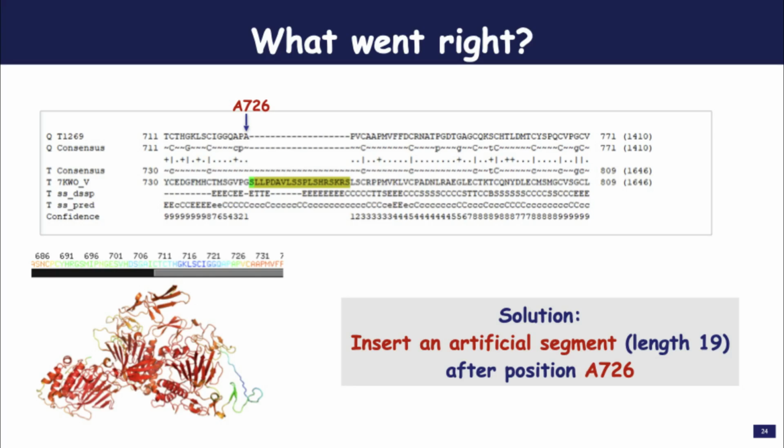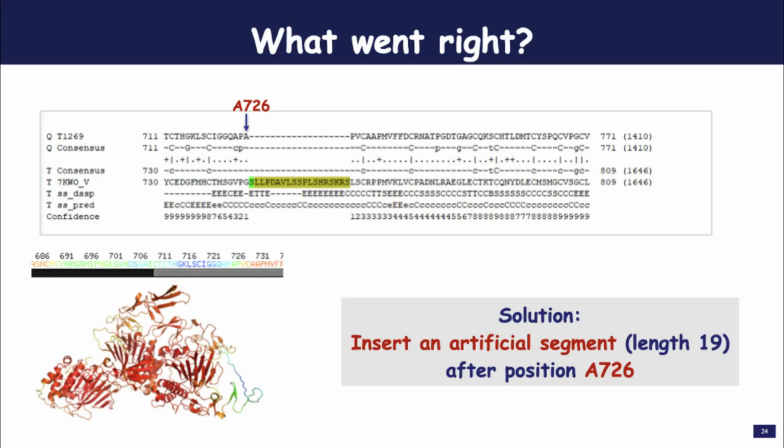It means when you compare this query sequence to a template, there is an insertion or deletion of this region in the query sequence. So this gives a hint. We can probably improve the prediction by inserting this sequence from a template. So that's what we did. With this solution, we just insert this segment into this position, make a new sequence, and submit it to AlphaFold 2 or AlphaFold 3.